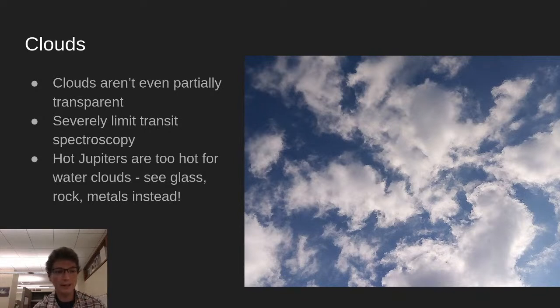Though the interesting thing is that the temperatures give us some information. So clouds on Earth, right, come from the oceans and the ground and other water sources evaporating. That water rises into the atmosphere, it condenses to form clouds, and eventually those clouds rain out onto the surface.